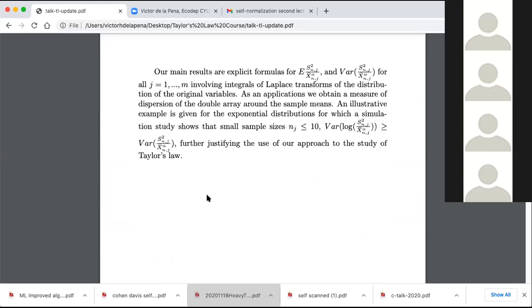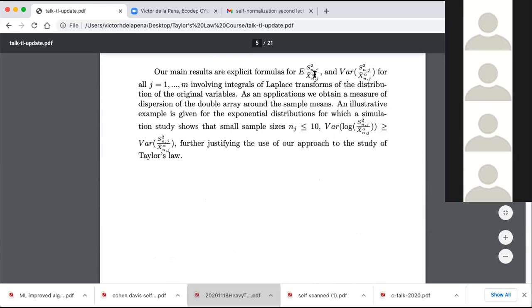Our main results are explicit formulas for the expected value of S_nj squared over x bar_nj to the alpha, or to the b as discussed before, and the variance of x bar_nj over x bar_nj to the b for j going from 1 up to m. This expectation is obtained using the Laplace transform of the distributions of the original variables.